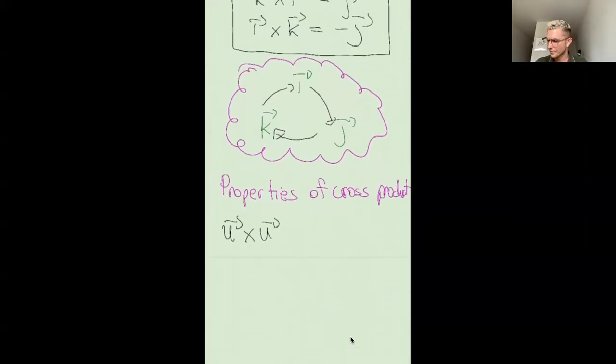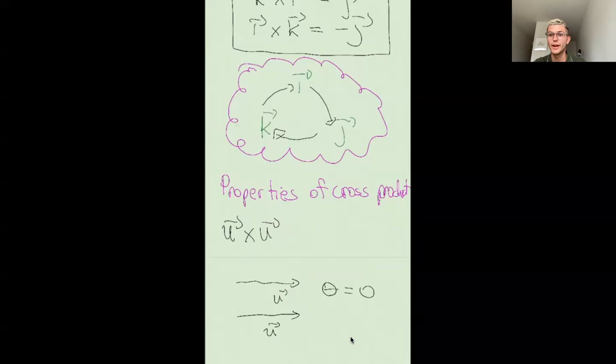Right, because you make two copies of yourself, but then the angle between them would be 0, right? And sine of 0 is 0. That means that whatever you get from the cross product has no size, and the only vector without size is 0. So you get not the number 0, you get the vector 0.